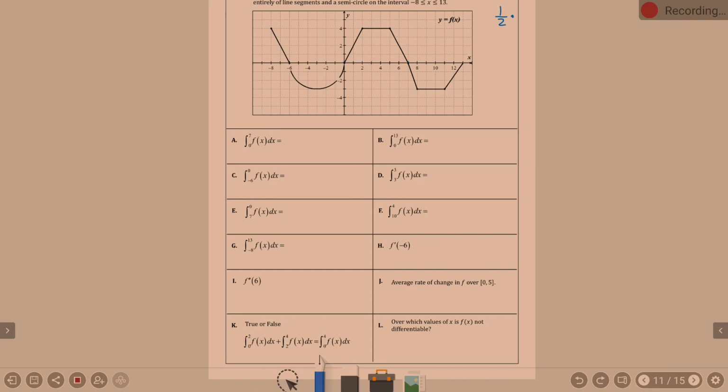It's a height of 4, and bases of 3 and 7. Okay. 1/2 times 4 times the 3 plus 7. So that area is going to be 20.